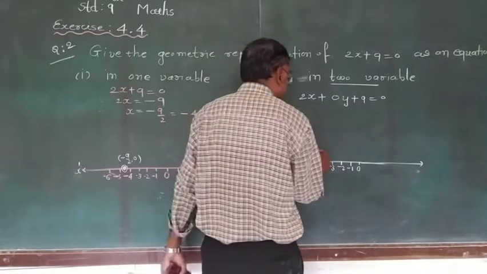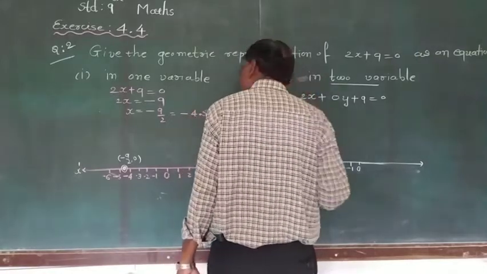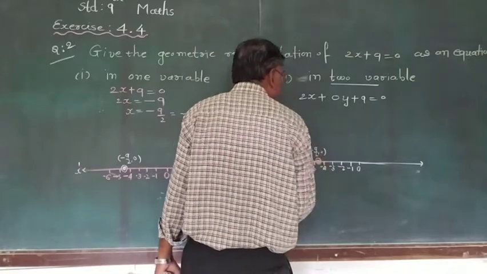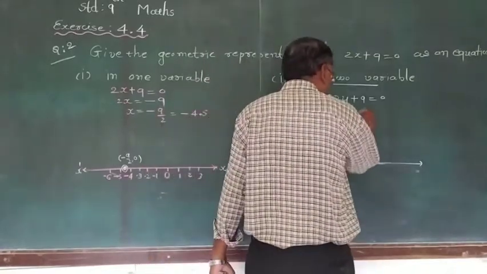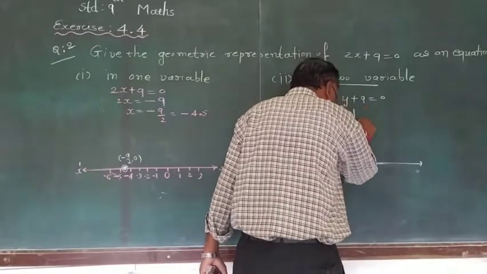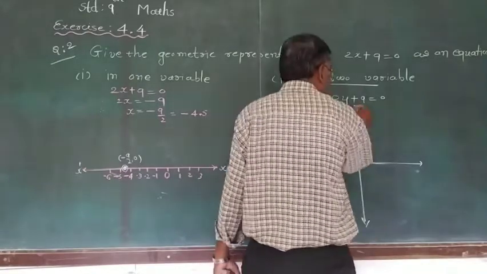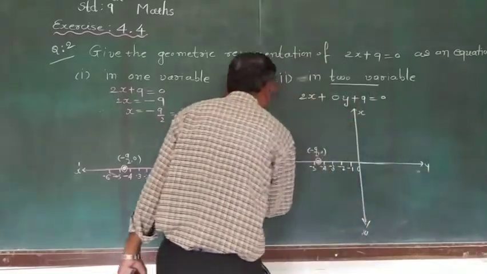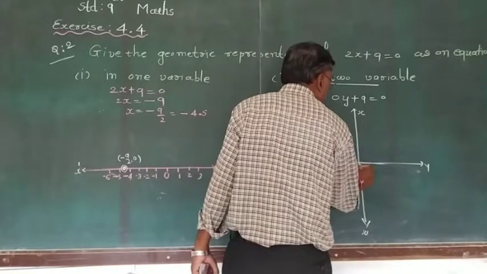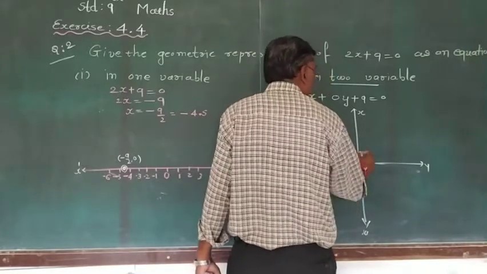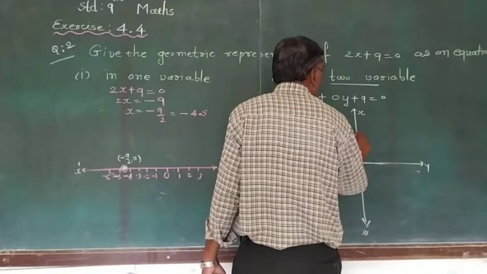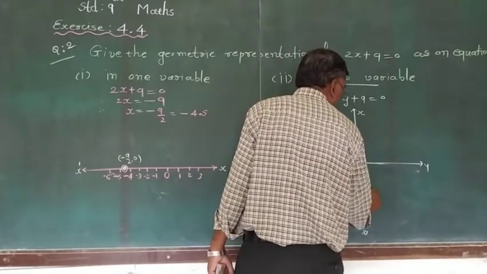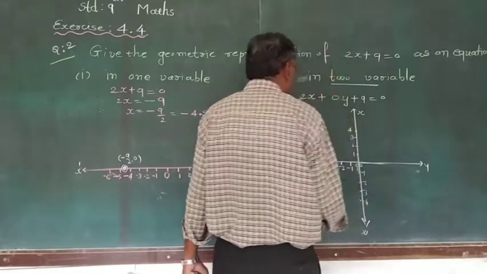This point is, we know, minus 9 upon 2 and 0. But from here we can draw the x-axis from 0, x dash, y dash. Here is 0, 0, 1, 2, 3, 4, minus 1, minus 2, minus 3, minus 4.